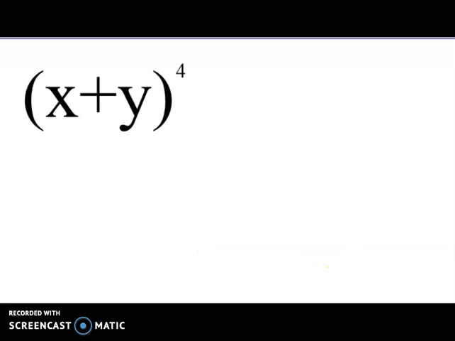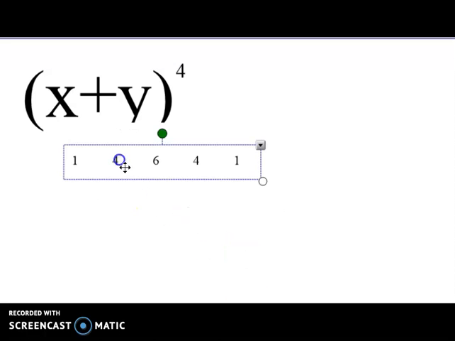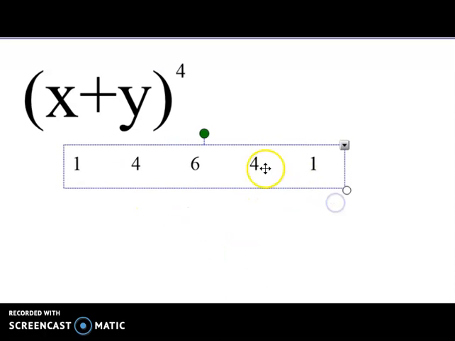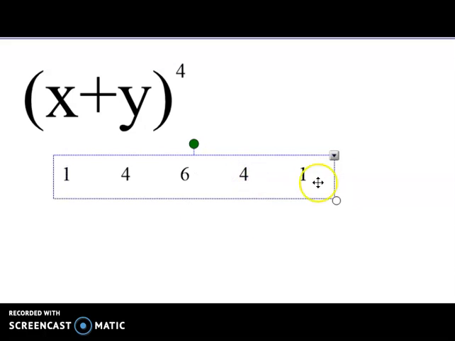So now we're going to try (x + y)^4. That will be the same as taking that x squared plus 2xy plus y squared, multiplied by itself, that would give you (x + y)^4. So we go to the Pascal triangle and we pull out the values that will be in to the power of 4.